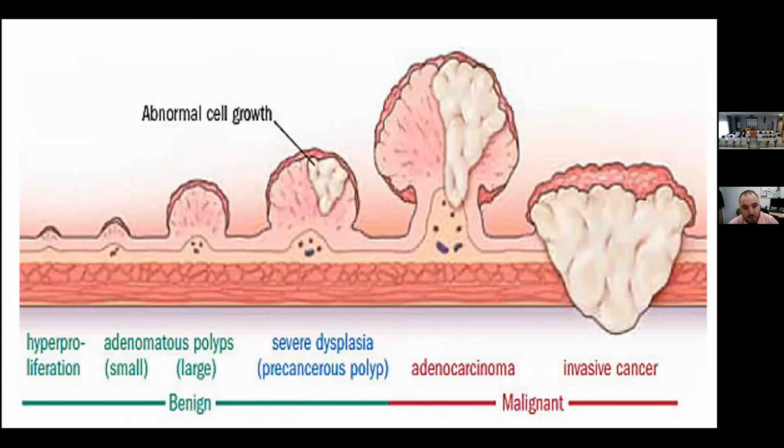If you see a pathological report, you'll see that we're talking about adenomatous polyp or tubulovillous adenomatous polyps with low or high-grade dysplasia. We need to keep our attention mainly on the polyps that start displaying high-grade dysplasia, which is the main precancerous factor.